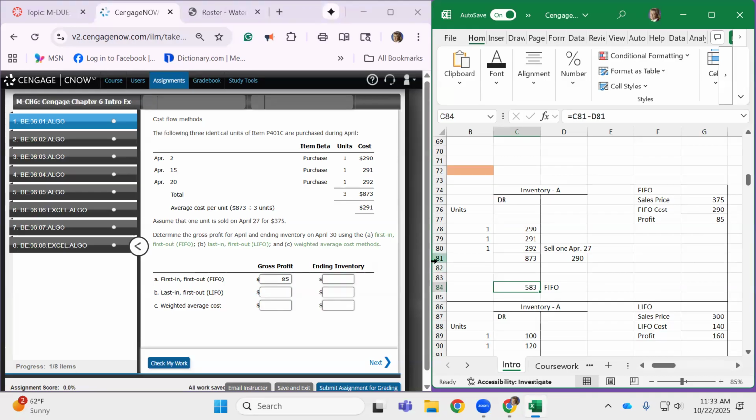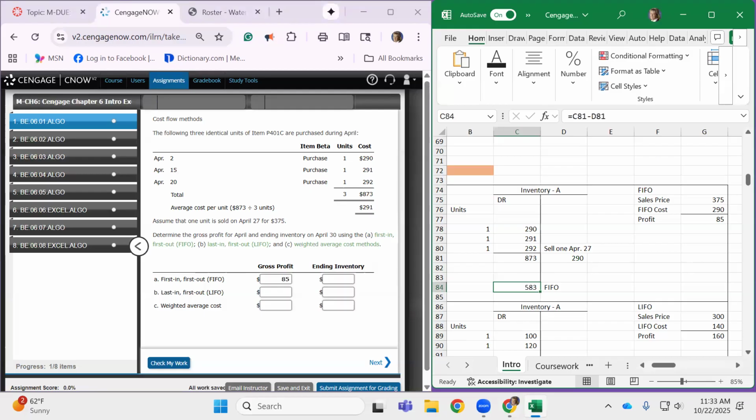If it were me, I would draw a T account. So I'll do this one time on the board, and I'm going to let you follow my Excel spreadsheet the best you can. Inventory is an asset that shows up on the balance sheet.